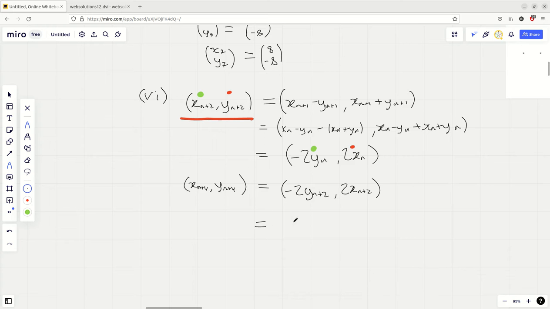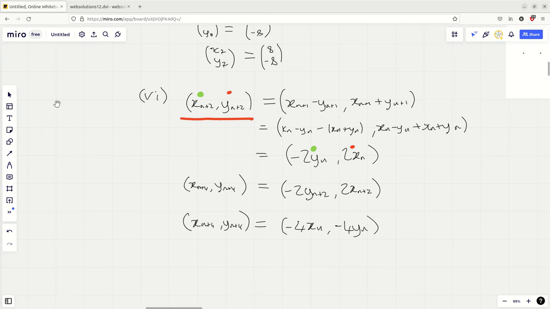But then I can use this idea recursively, because how is y_{n+2} related to yn and xn? Well, y_{n+2} becomes 2 times xn, so that's minus 4xn, and likewise this is going to become minus 4yn. Cool. So we know x_{n+4}, y_{n+4}, if you want to go 4 steps ahead, that's what you need to do.